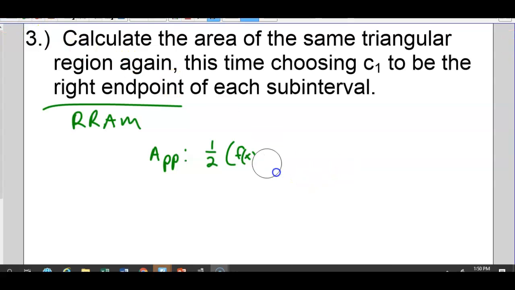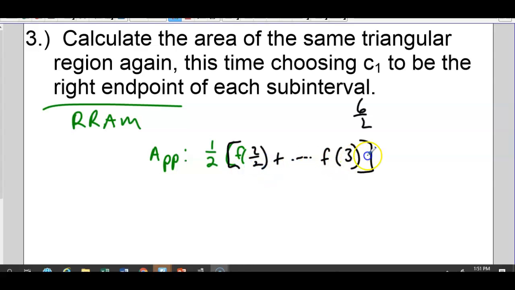What do we start with this time? f of 2 halves, right? And we carry that to f of what? 6 halves, or 3, right? 6 halves is 3, because we're not using the left endpoint this time.